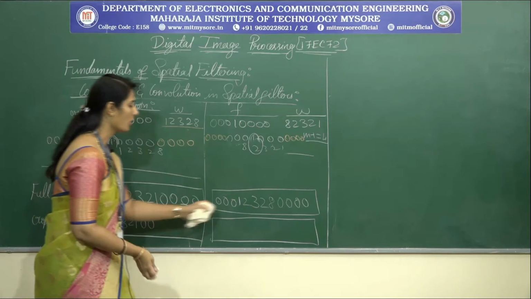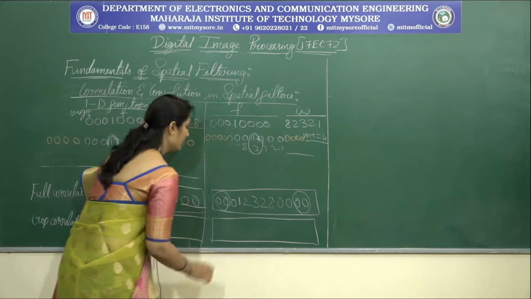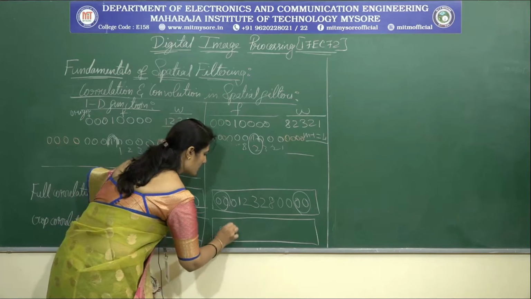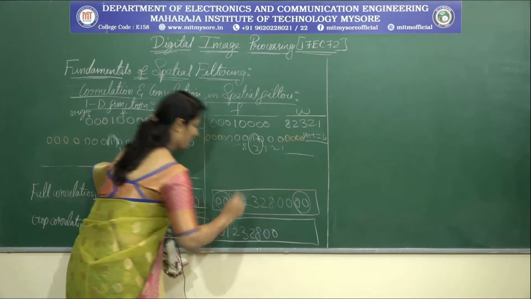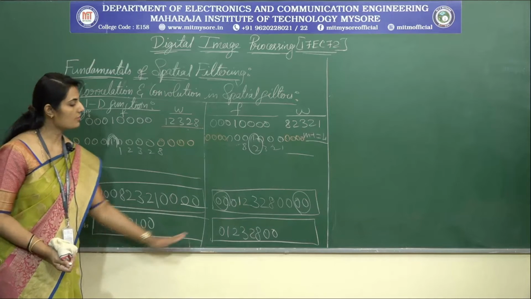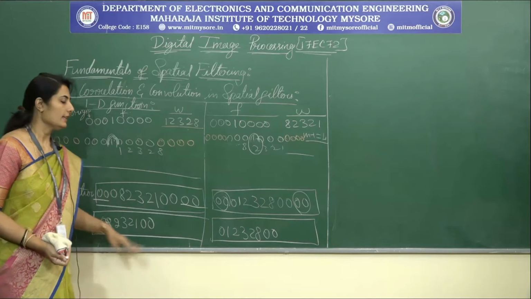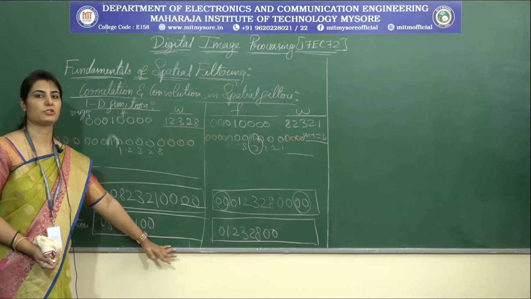So now cropping this, that is by removing the zeros which we have padded, it results with 0, 1, 2, 3, 2, 8, 0, 0. So this is the convolution result. Now compare the correlation result and convolution result. Each differs by 180 degree shift, phase shift.